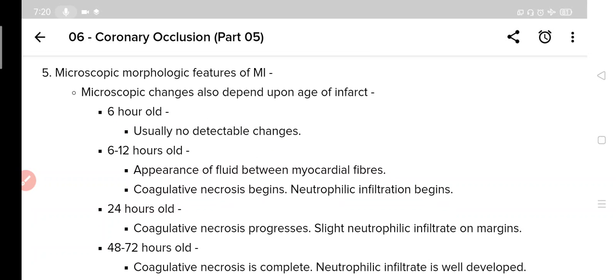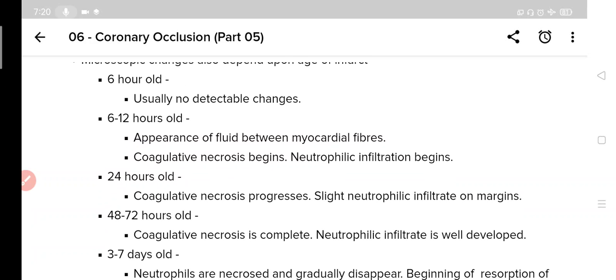Now coming to the microscopic morphologic features of myocardial infarction. These microscopic changes also depend upon the age of the infarct. If it is less than 6 hours old, as already described, there are usually no detectable changes. If the infarct is 6 to 12 hours old, there will be appearance of fluid between myocardial fibers. Remember, all these features are seen under the microscope.